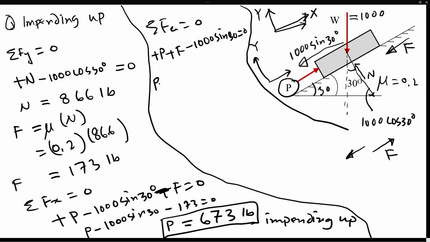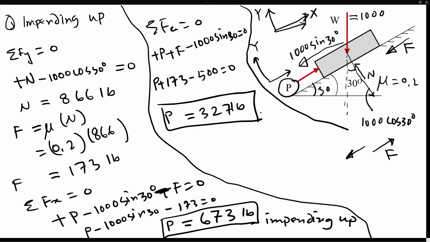So P plus 173 minus 1,000 sine 30, which is 500, equals 0. So P will be 327 pounds force just to keep these objects from falling. If we apply just 327 pounds here, then this 1,000 pound block will not slide down.